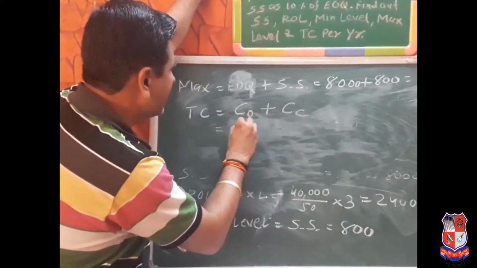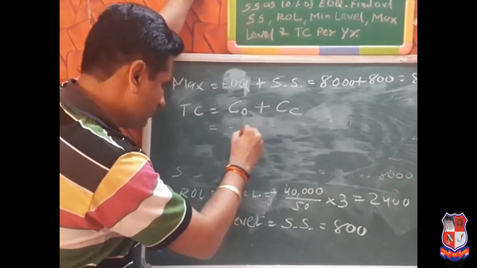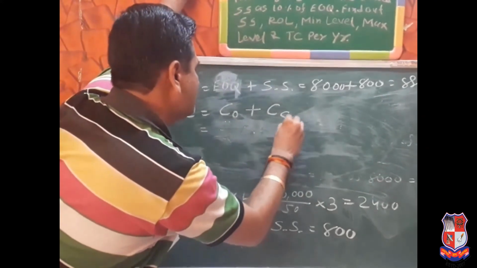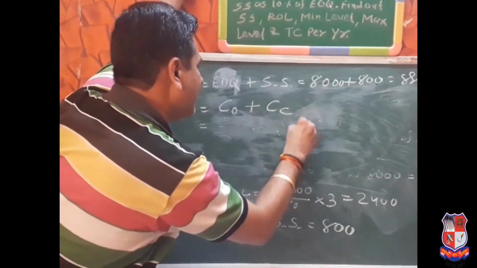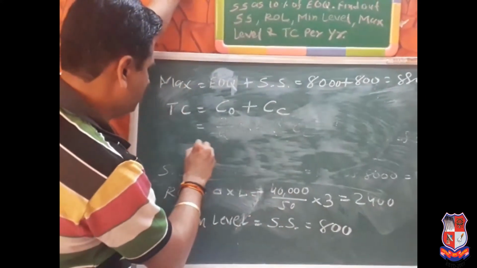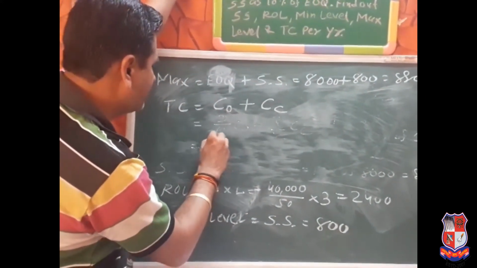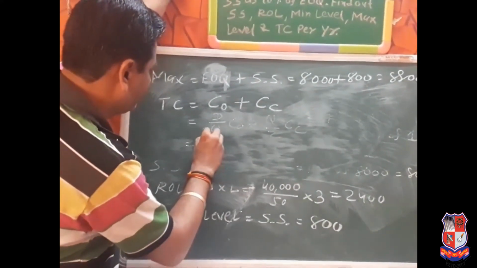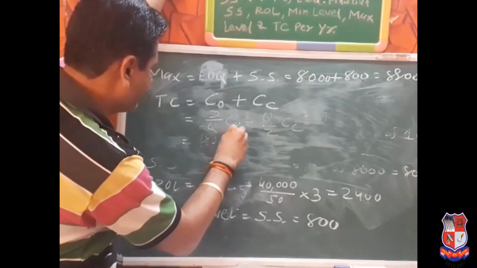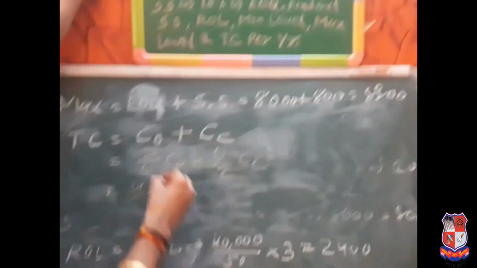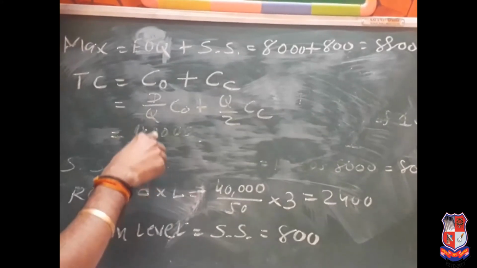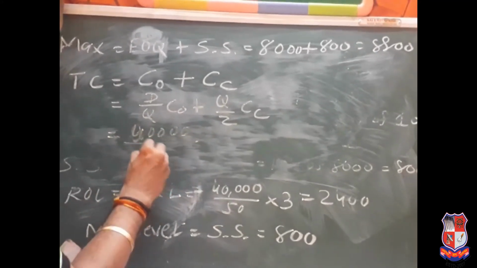CO is D by Q into ordering cost, plus carrying cost is Q by 2 into carrying cost. D is the annual demand, which is 40,000. Then your Q is nothing but your EOQ quantity, so EOQ is 8,000.